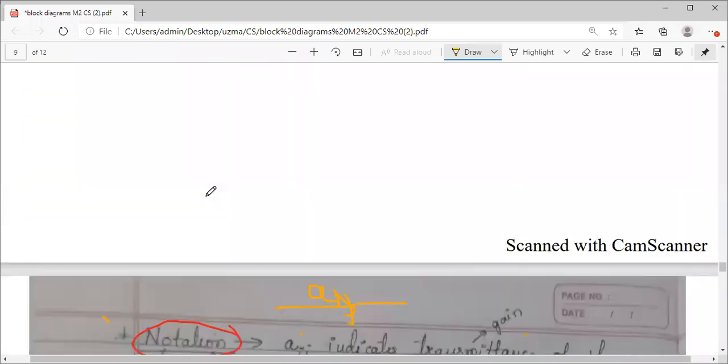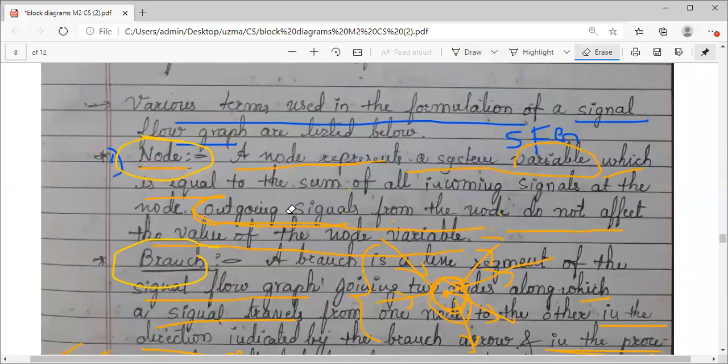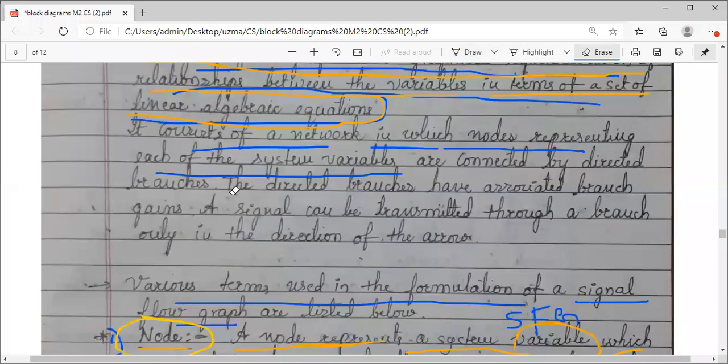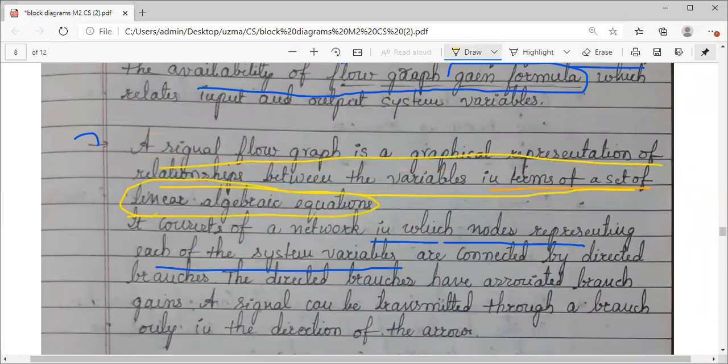It is a graphical representation of the relationships in terms of linear algebraic equations. So the second method to construct the signal flow graph is using the algebraic equations.